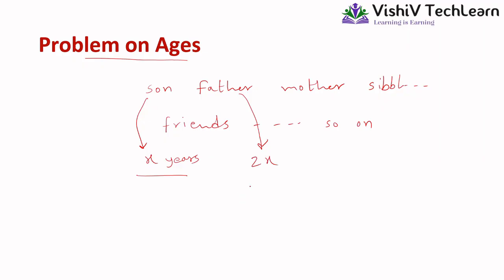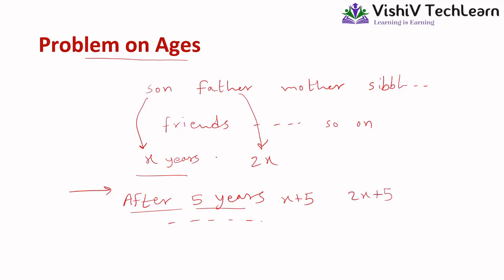And maybe one more condition might be given, for example, after 5 years there would be some condition. Now the main focus here is that after 5 years means we just have to add 5 years to the present ages, x plus 5 and 2x plus 5.